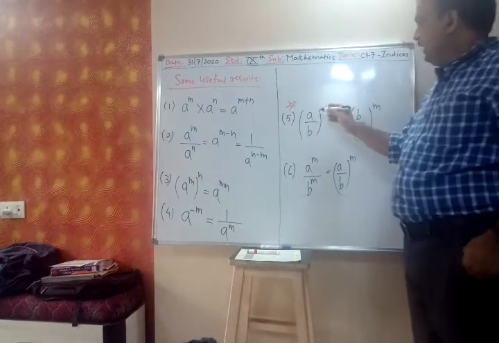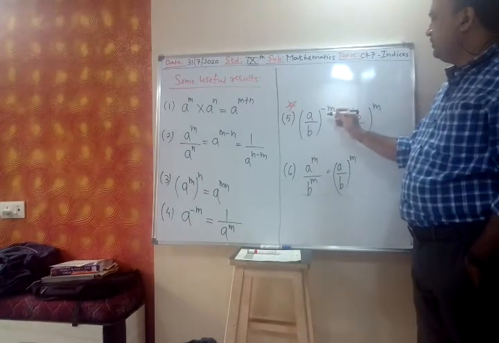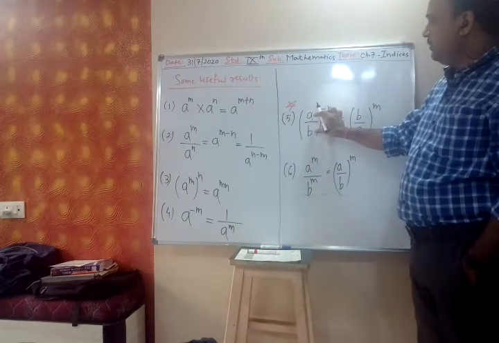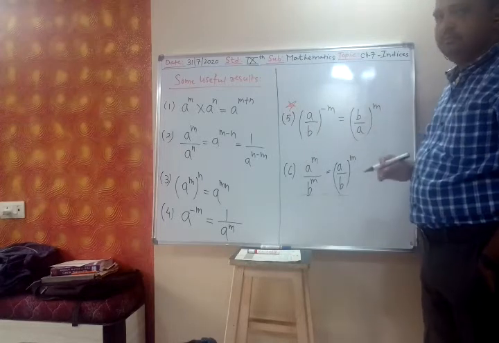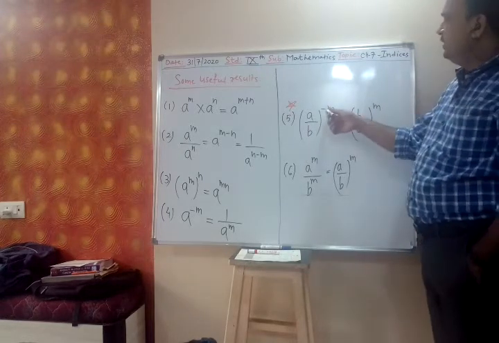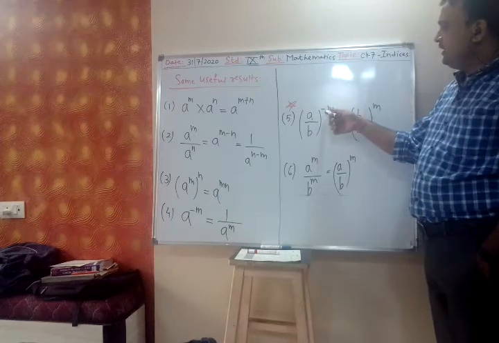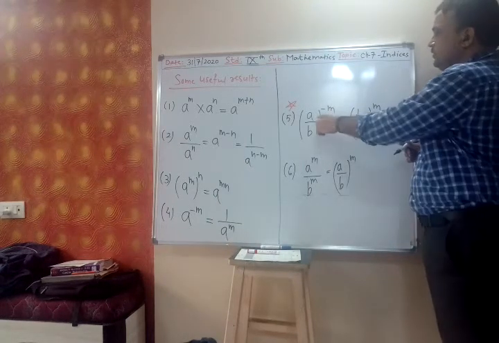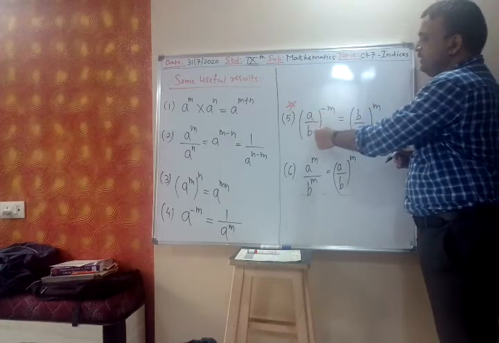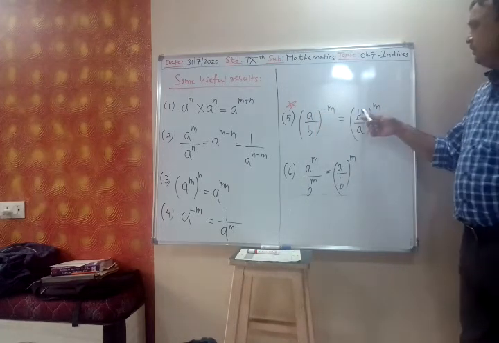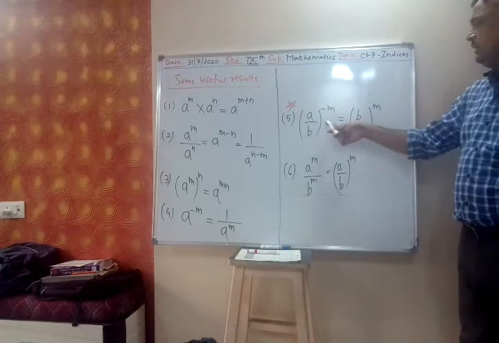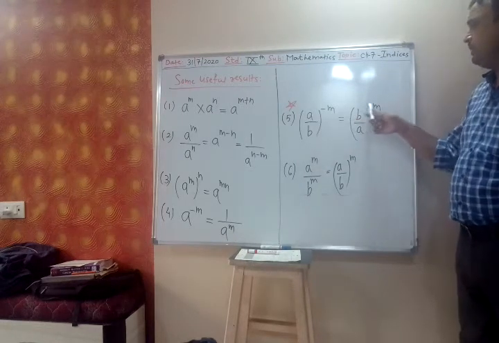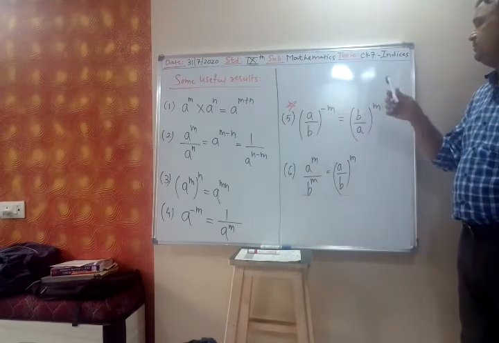Yes, a by b raised to minus m. Now the power is negative. Whenever the power is negative, we take the reciprocal and it becomes positive. So what is the reciprocal of a by b? B upon a. We write b upon a. When we take the reciprocal, we write the positive power. Minus m becomes plus m.